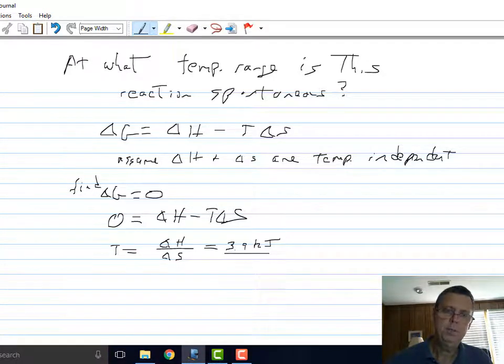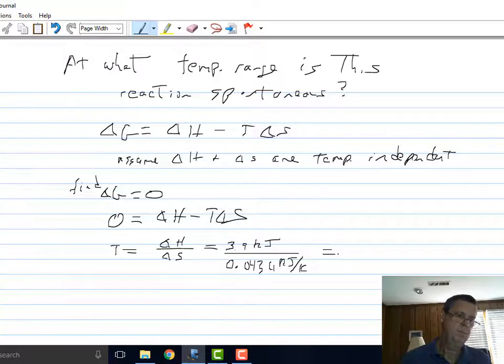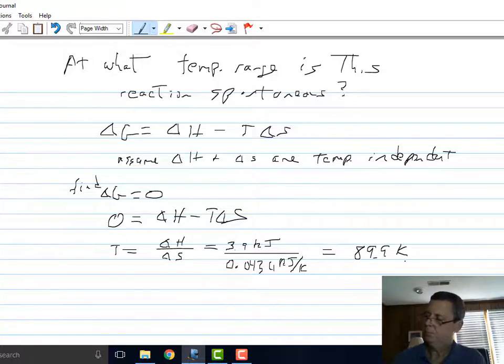Actually, it would be kilojoules in this case. The entropy would be 43.4, and that's going to be, of course, 0.0434 kilojoules per Kelvin. So we get 89.9 Kelvin is our inflection point.